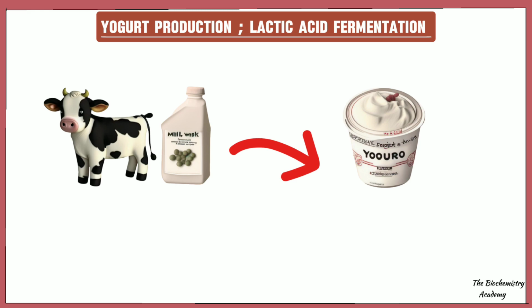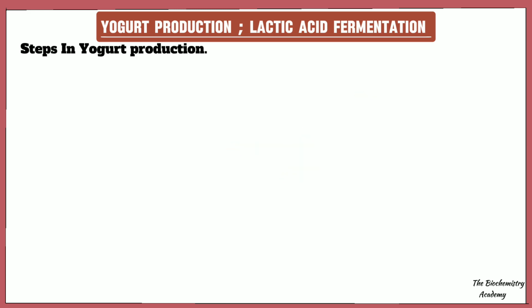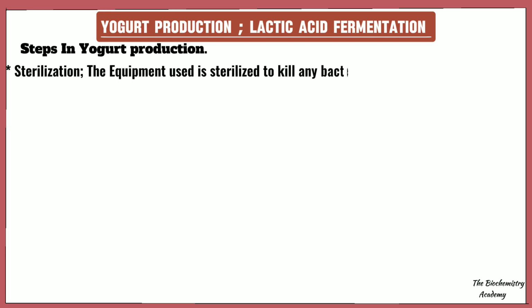how it was produced from milk. Now, the first step in yogurt production is sterilization, meaning that the equipment to be used needs to be sterilized. And the reason behind this is to kill any bacteria or any unwanted microorganism that is present.